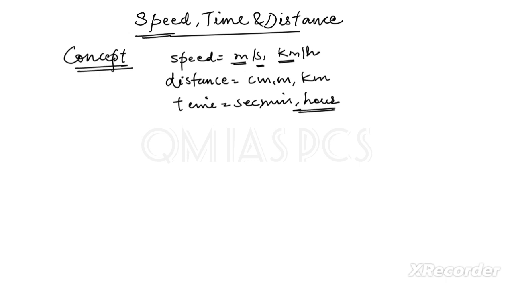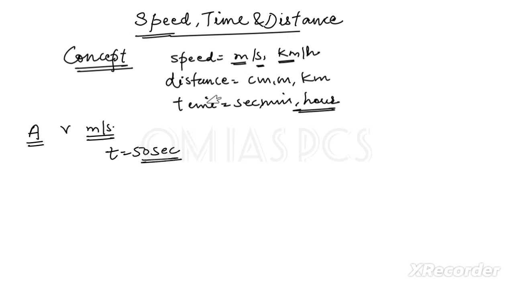Okay, now what we have to consider: there is a person A and that person is moving with a speed of v meter per second. And for how much time is that person traveling with a speed of v meter per second? For t equal to 50 seconds.